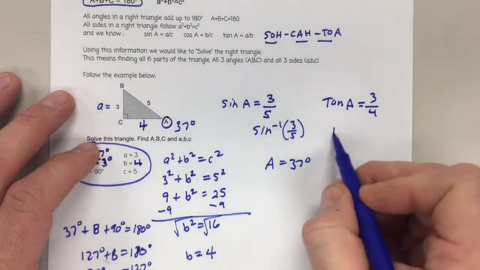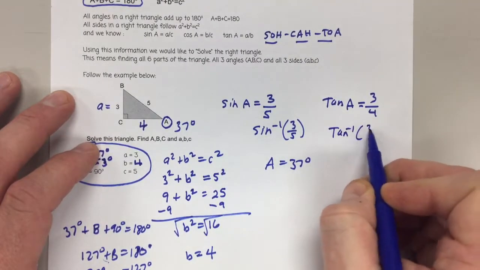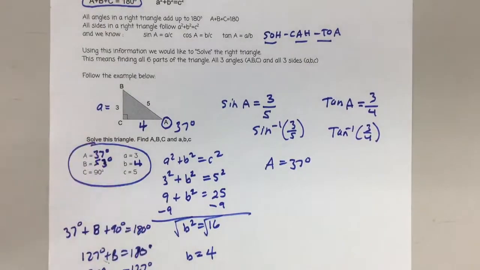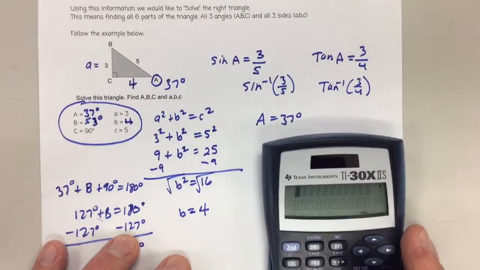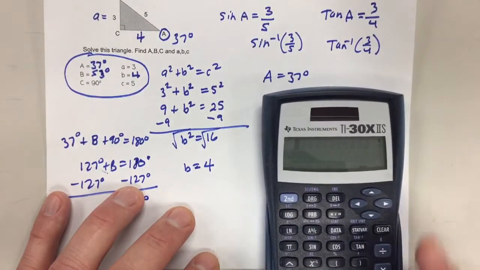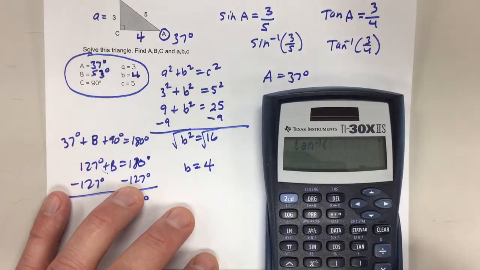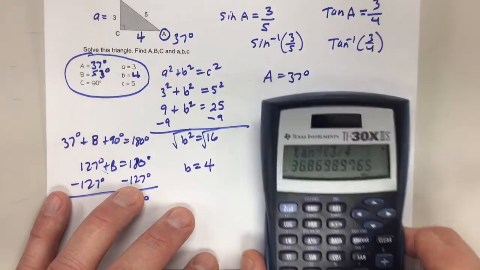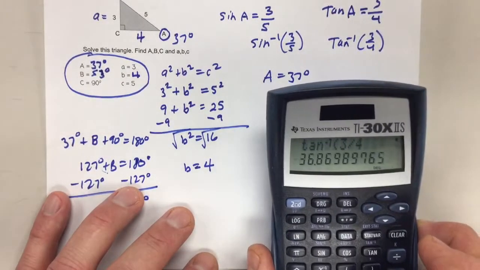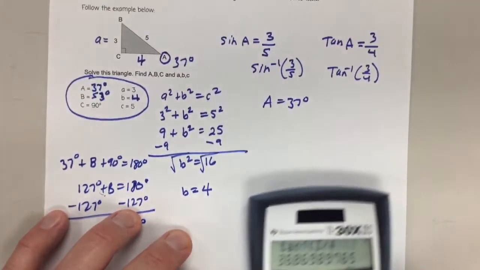And then I would have said, all right, so I have to go tangent -1 of 3/4 to get the angle. And if I did that on my calculator, of course, I would go tangent -1, which is here. So I go second, tan -1, 3 divided by 4. And you'll notice I get exactly the same answer, 37 degrees, as I got with sine.